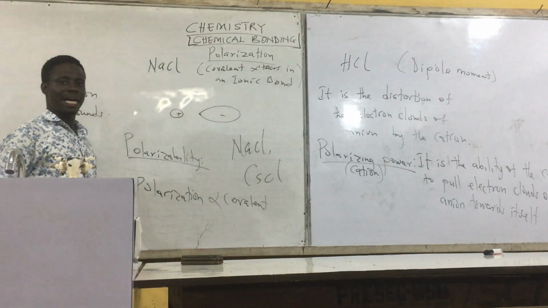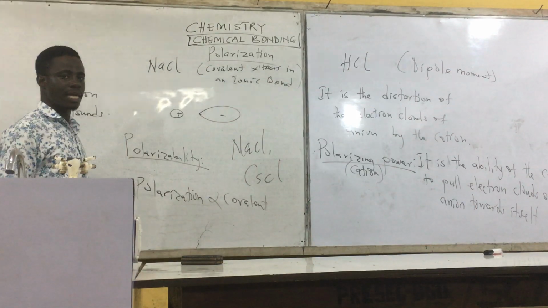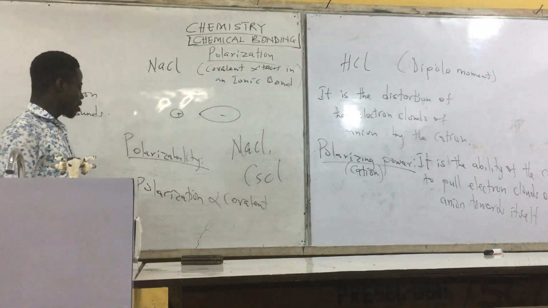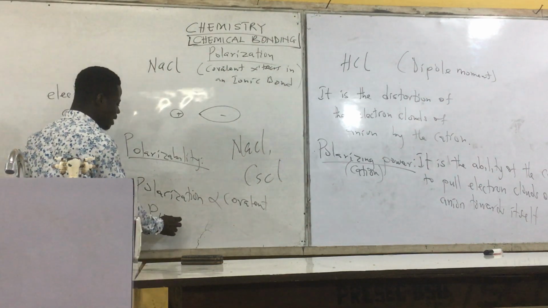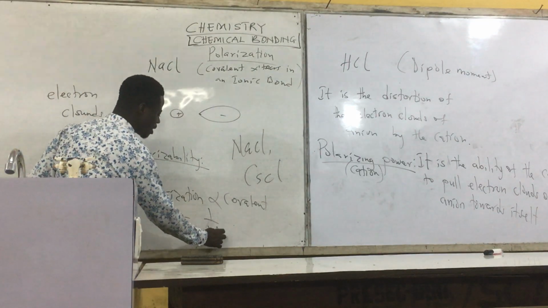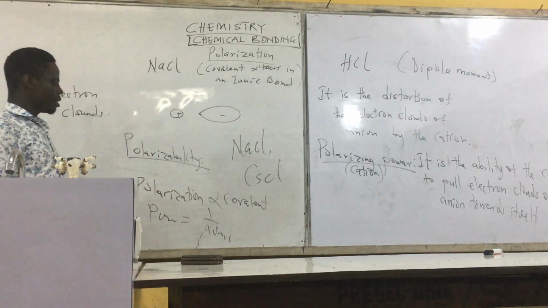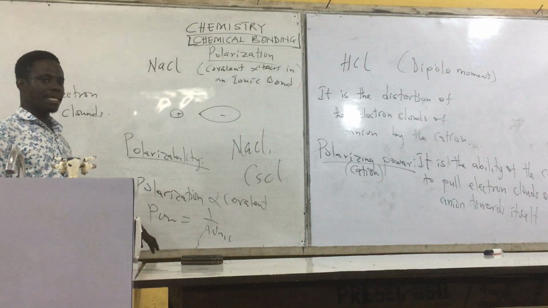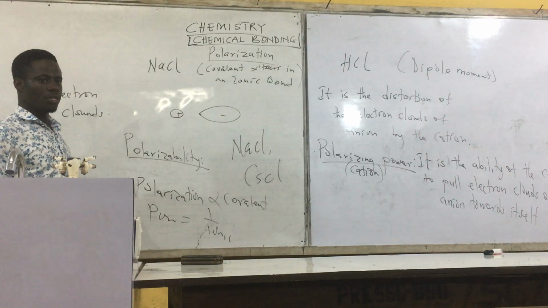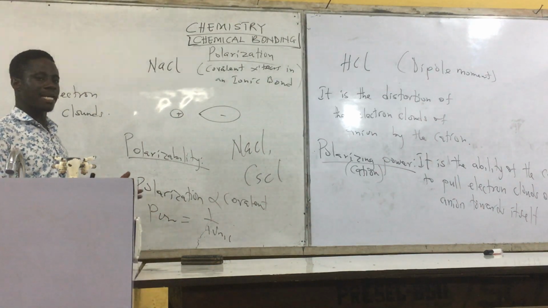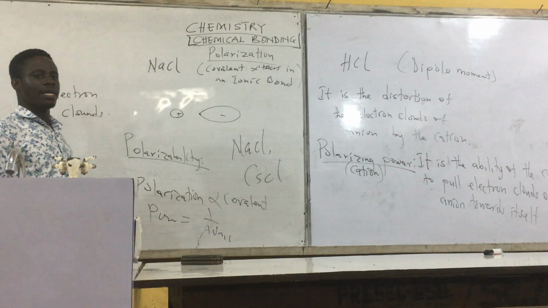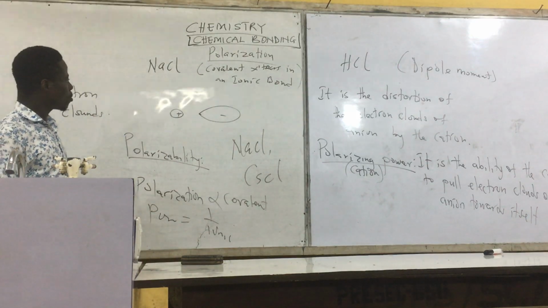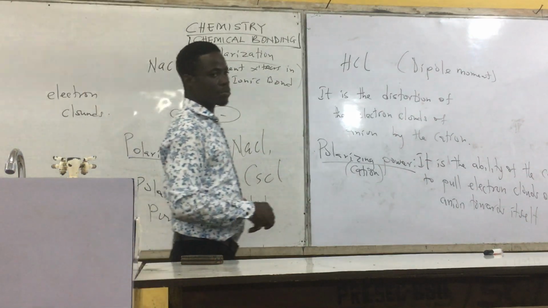Anytime the polarization is high, it means there's more covalent character in that ionic molecule. But polarization is inverse to ionic character. When the polarization is less, the ionic character is also less.